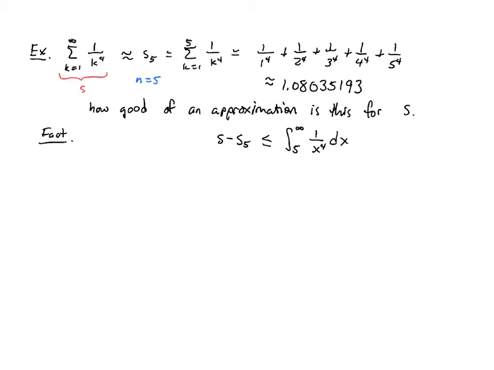First of all, let's see where that comes from. So the fact that I have a 5 here is telling me to put a 5 here, and the fact that I have 1 over k to the 4th here, that tells me to use 1 over x to the 4th here.